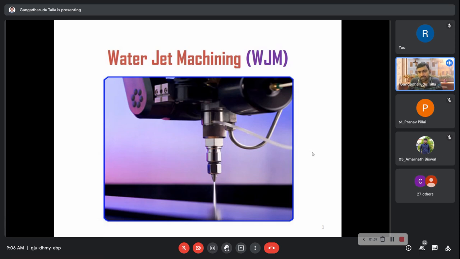In abrasive jet machining, what was the medium? How is the cutting happening there? Abrasive particles, yeah, carried by the gas.